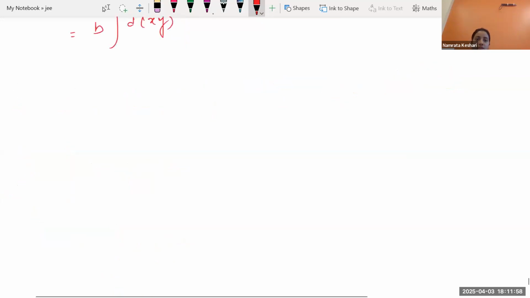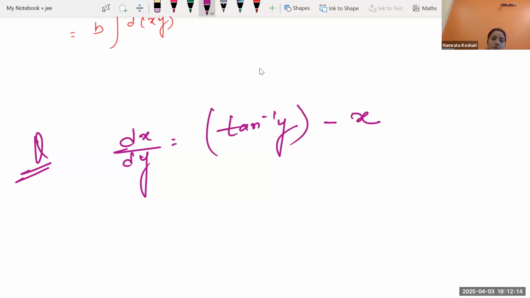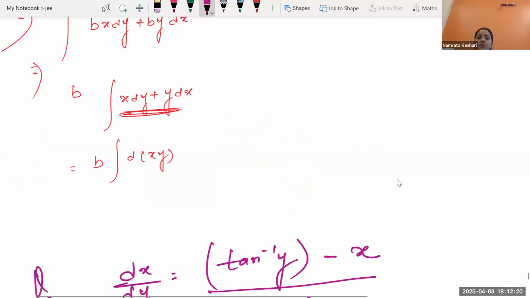And what about this one? If we are having a differential equation as dx dy is equals to tan inverse y minus x by 1 plus y square. How to do this one?